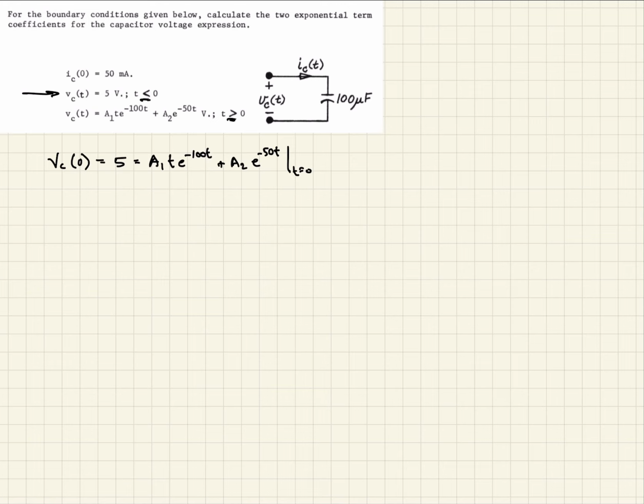At t equals 0, the first term is 0, which makes this whole thing equal to 0. So what we're left with is A2, and e to the 0 is equal to 5. Well, e to the 0 is just 1. So therefore, we know that A2 has got to equal 5. So there's one.